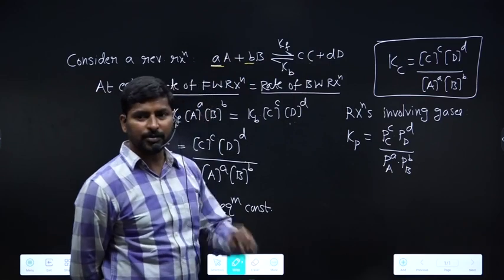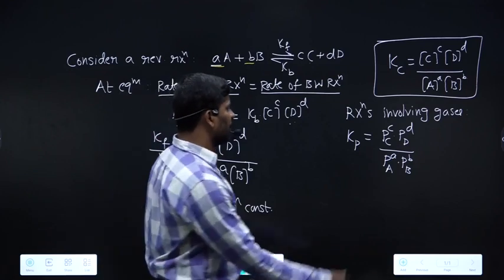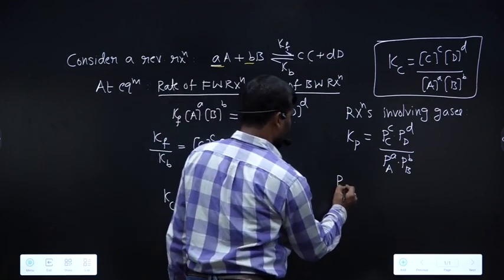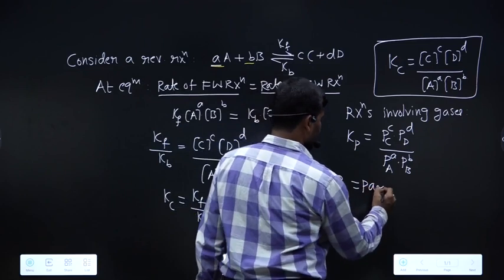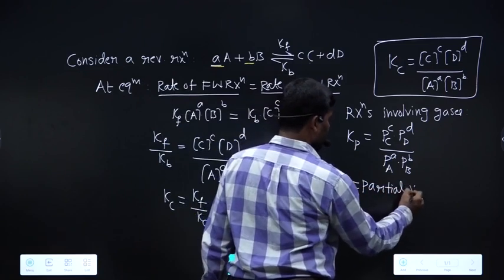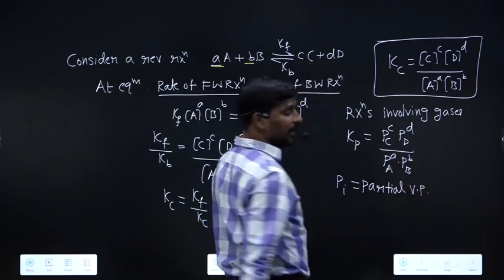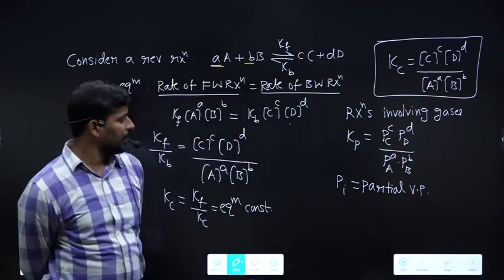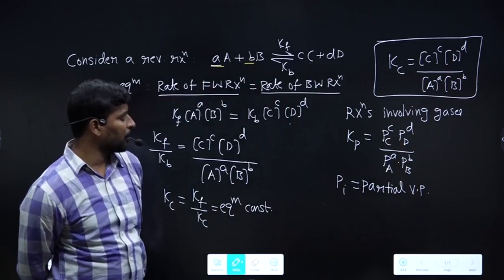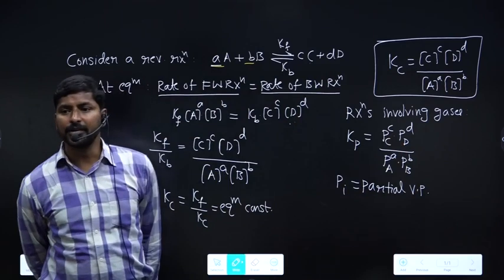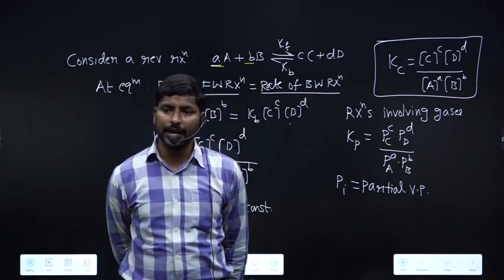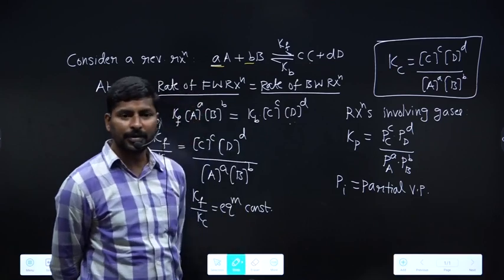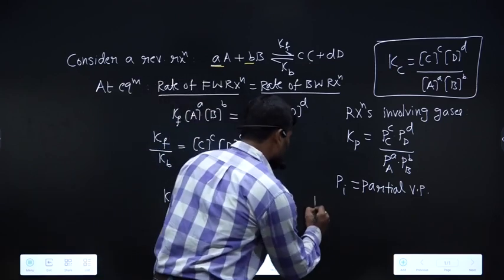Concentrations we can express with respect to pressures. Here Pi is called the partial vapor pressure. For example, Pc is the partial vapor pressure shown by gas C, and Pa is the partial vapor pressure shown by gas A. How do we give partial vapor pressures?